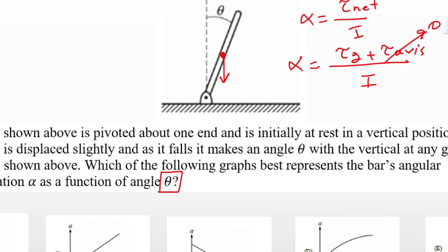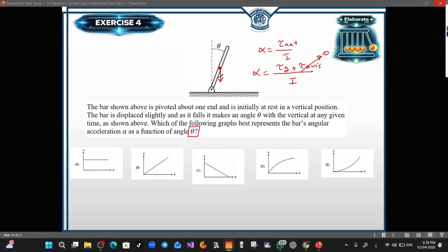Now, we know that from the Z shape, the angle here is theta, as well as the angle here is theta. But in the torque formula, torque is equal to F times D times cosine theta. The theta here is the angle between the tangential direction and the line of action of the force, which means this angle.